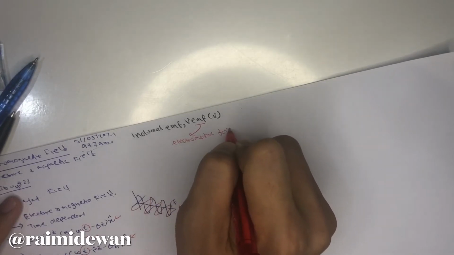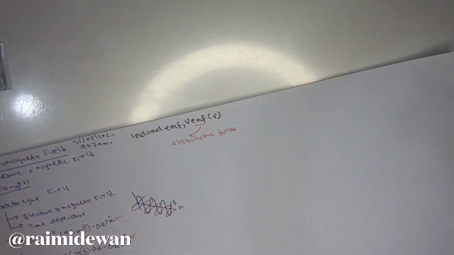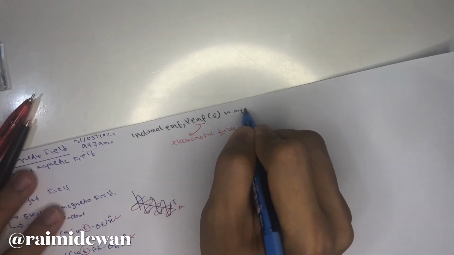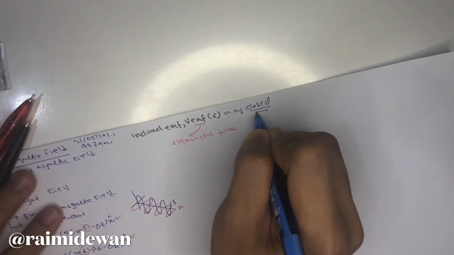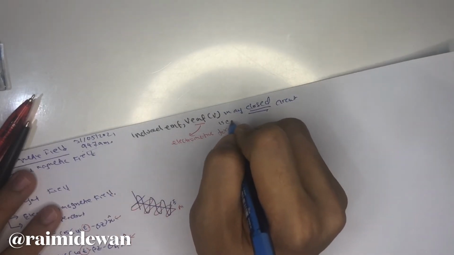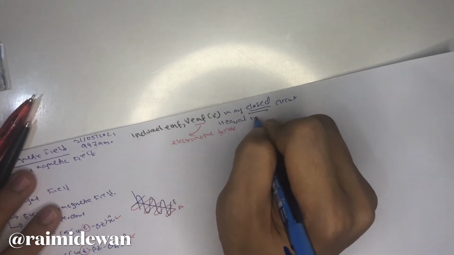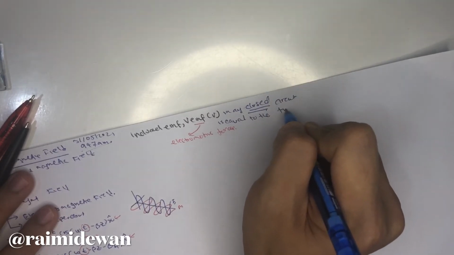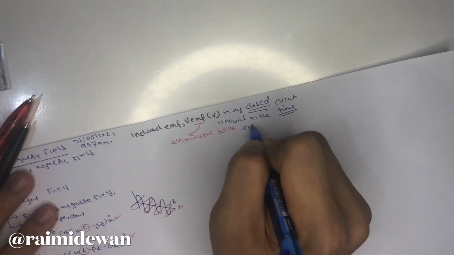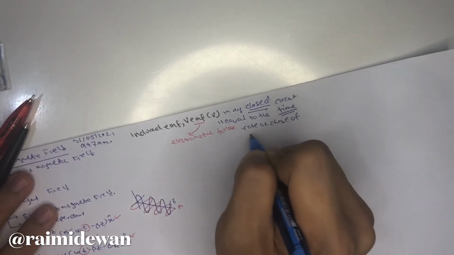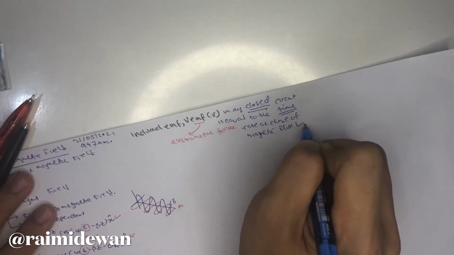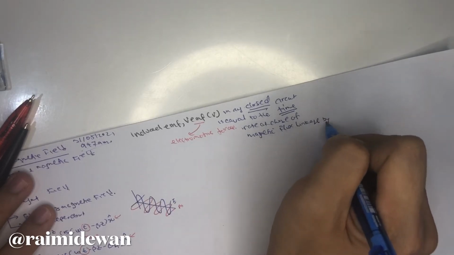So the induced EMF in any closed circuit, it must be a closed circuit, is equal to the time rate of change of magnetic flux linkage by the circuit.